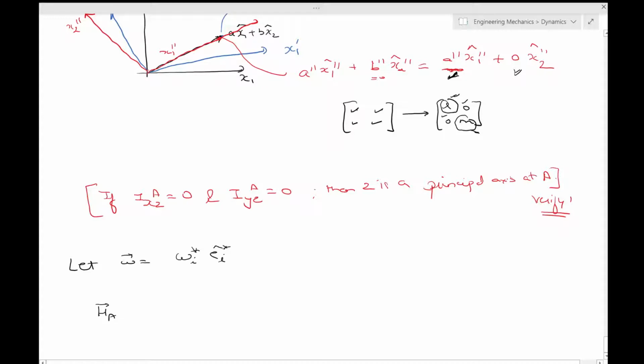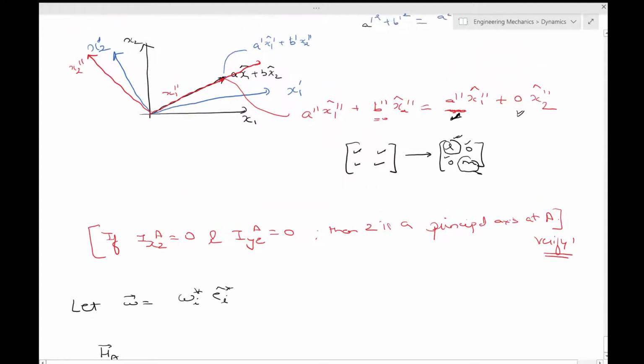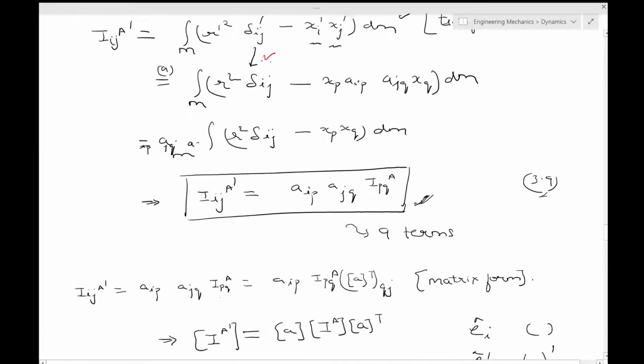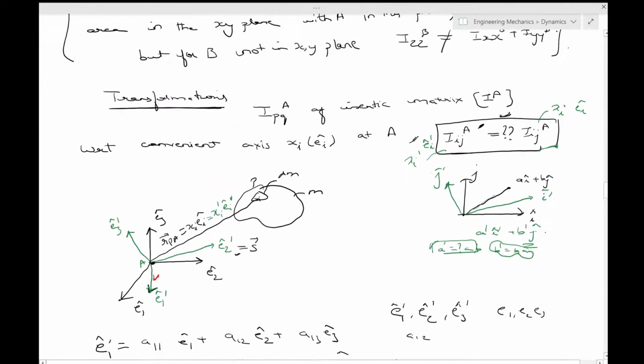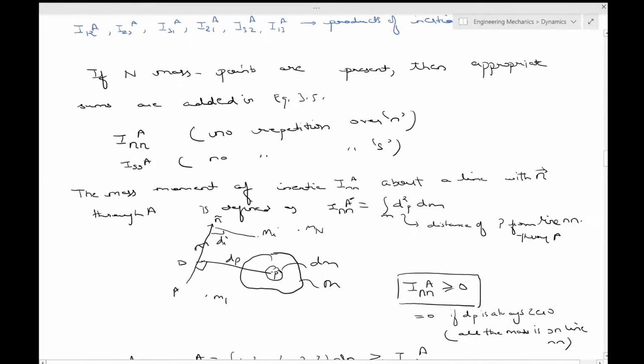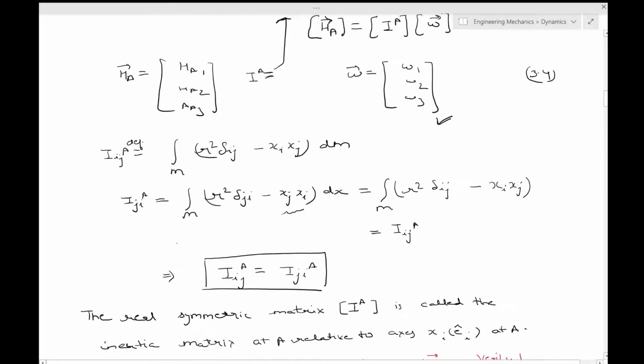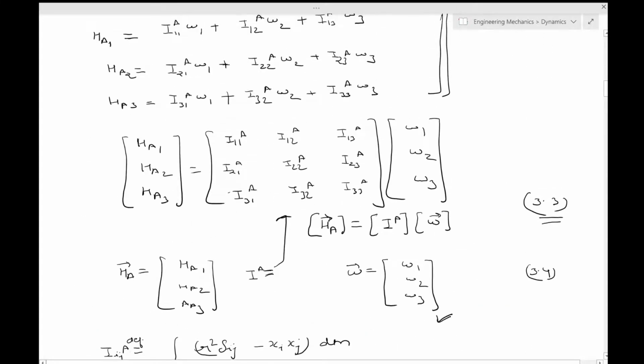For this we must invoke equation 3.3. Let's see how we can do that. Can we see 3.3? Yeah, I think we should be able to go back. We want to write the moment of momentum about point A, and there you have it, 3.3.